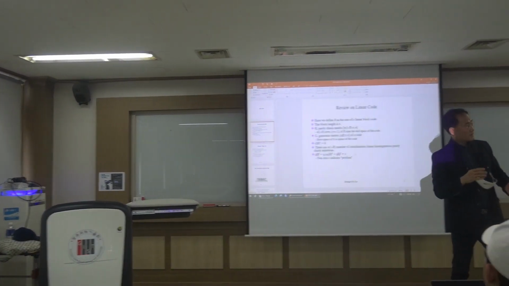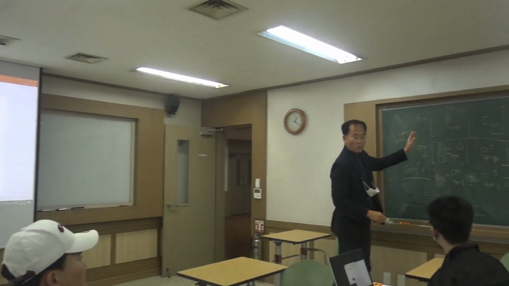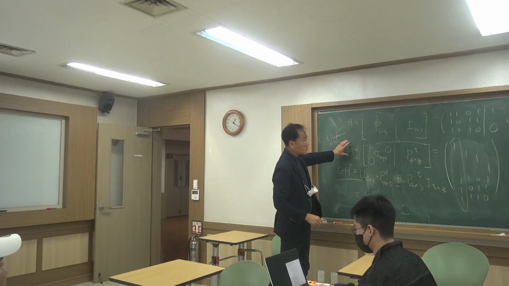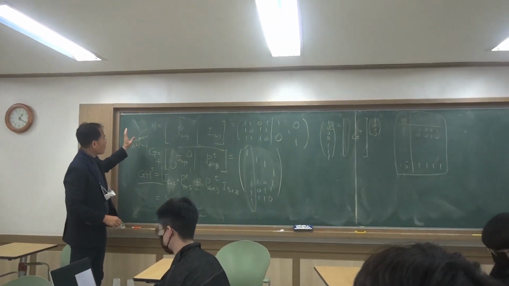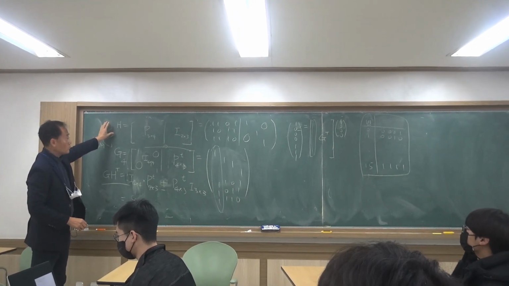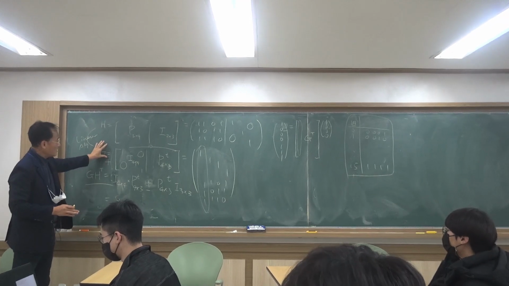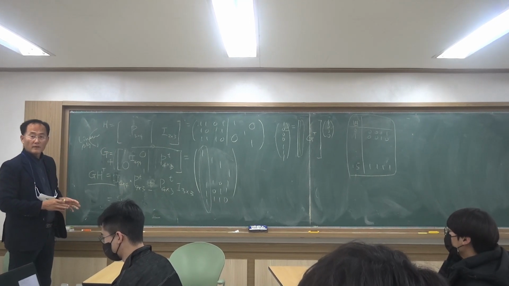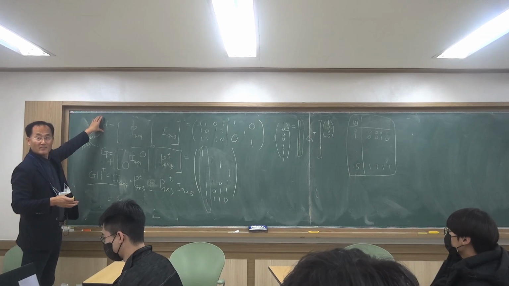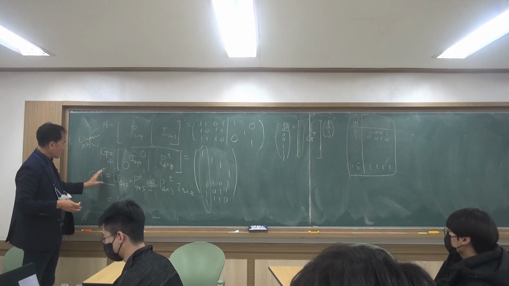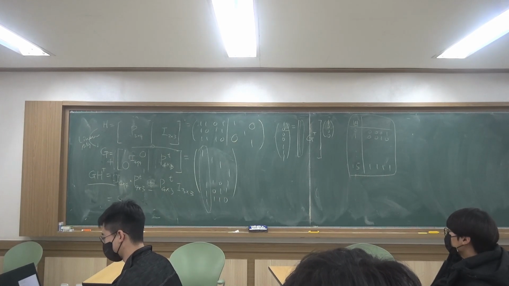Because it has this relation, right? The code word belongs to the space of G, right? So that code word is orthogonal to H, right? Every vector spanned by this G matrix is a code word, and that code word should be orthogonal to H, because G times H transpose is equal to 0, right? So that part is 0.